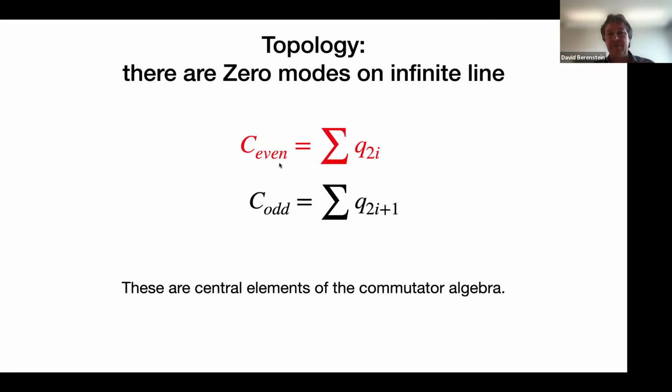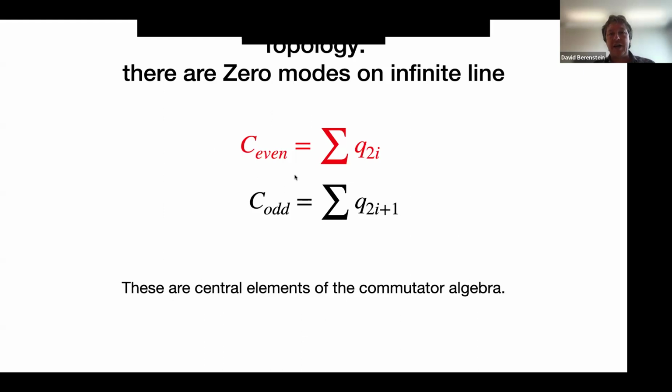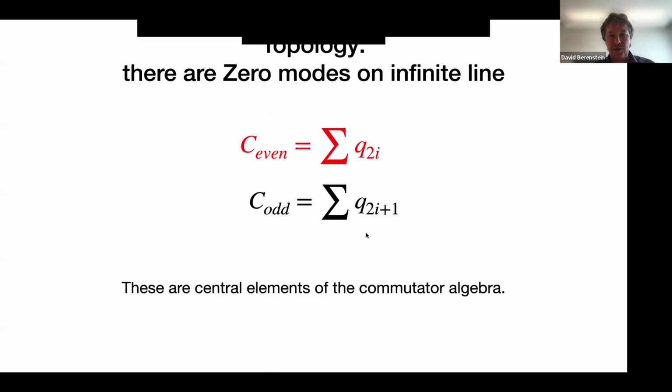When you quantize the system, because they commute with everything, the equation of motion of C even is that it stays constant, and the same for C odd. So once you fix the value of C even and C odd, you can forget about them, and then the rest of the modes will behave like usual. But they're central elements of the commutator algebra.